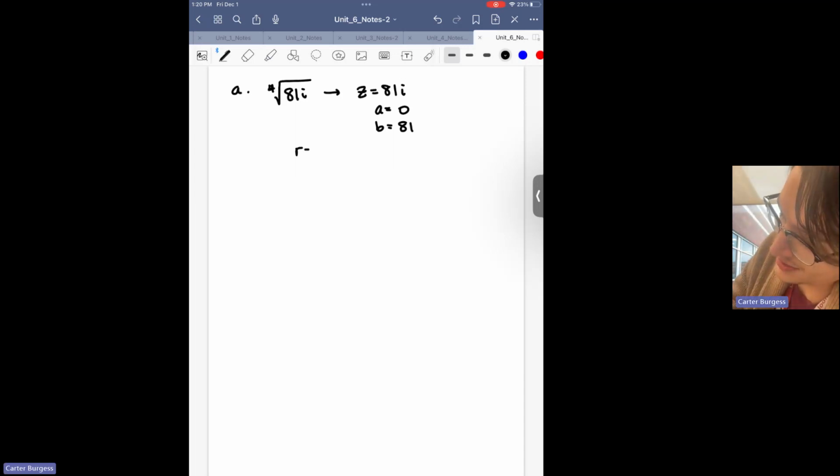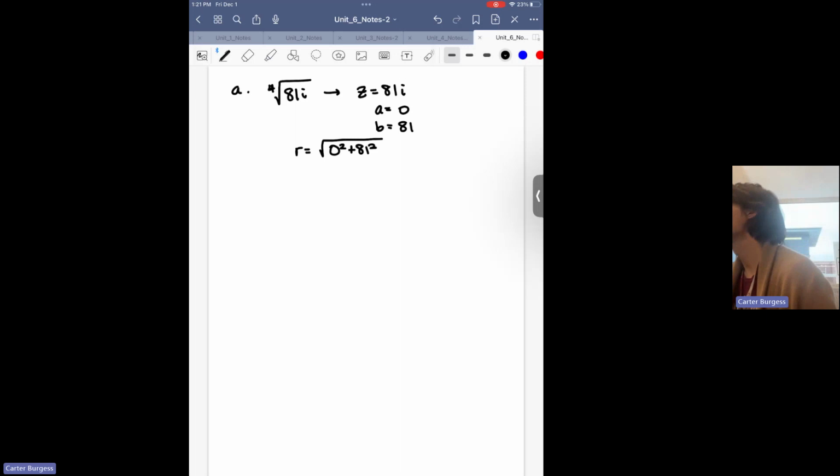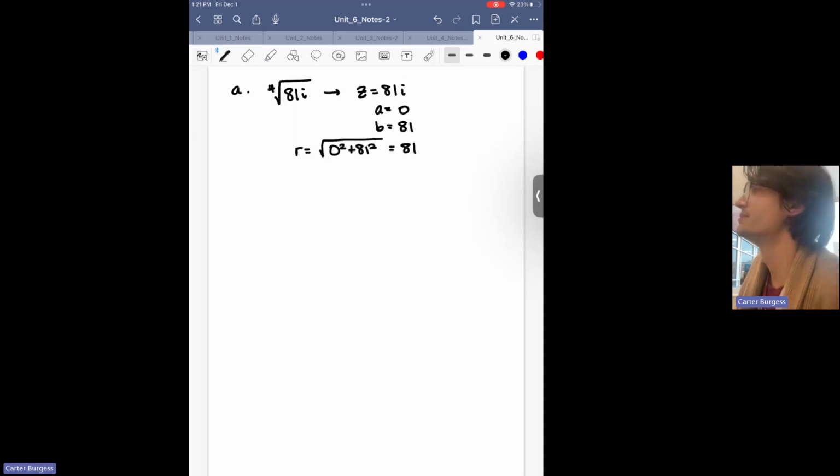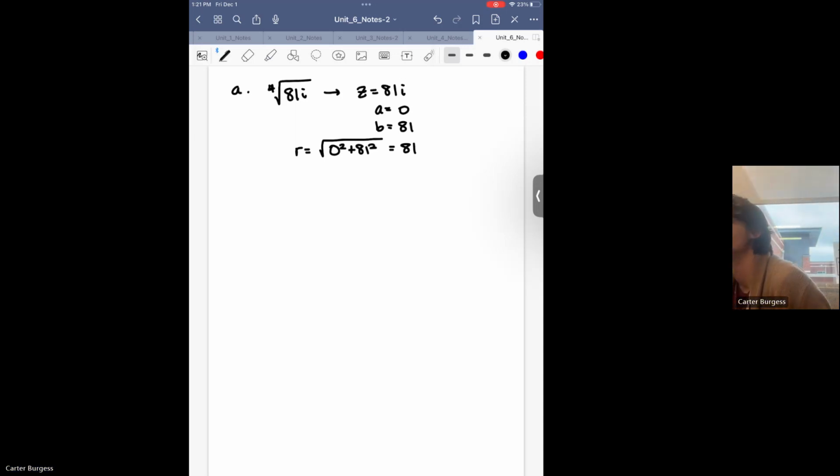And so r is going to be the square root of 0 squared plus 81 squared. The square root of 81 squared is just 81. A little bit big, but it'll get cut down when we get our final answer. So we have our r.